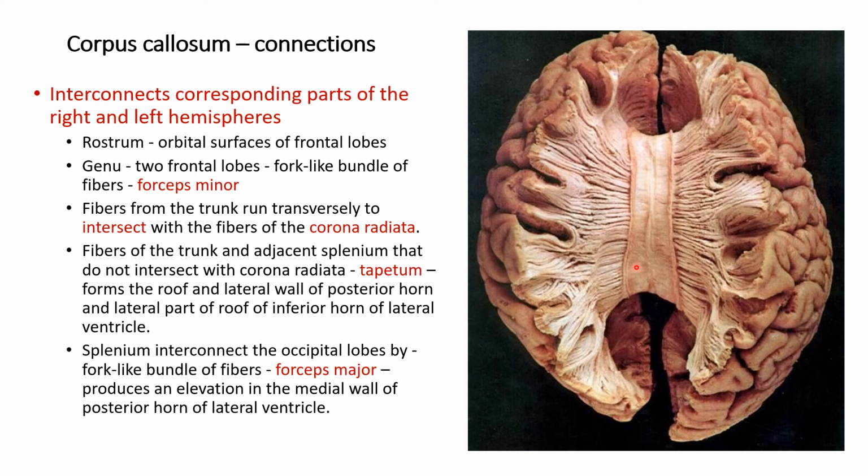And this is the trunk or body of the corpus callosum. The fibers of this trunk run transversely and they intersect with the vertically running fibers known as the corona radiata. Part of the fibers of the trunk and the adjacent splenium, which are not intersecting with the corona radiata, form what is known as the tapetum or the lid.